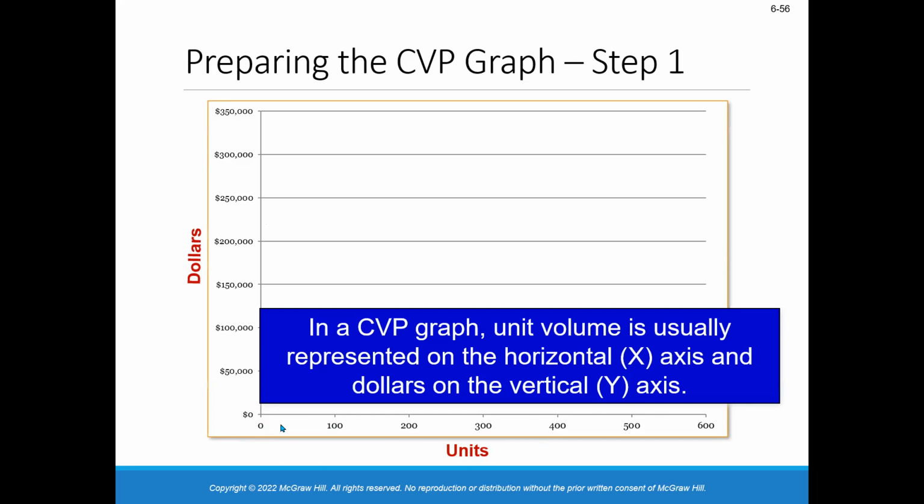We have an interval of 100, from 0 to 100, 200, and so on; choose the most reasonable interval for your sold units. Then the y-axis will indicate both the cost and the sales revenue, because we are going to see how the sales revenue and the total cost change with the units.